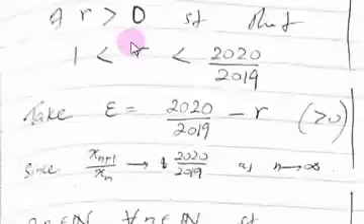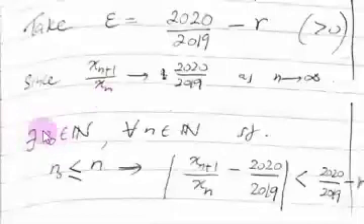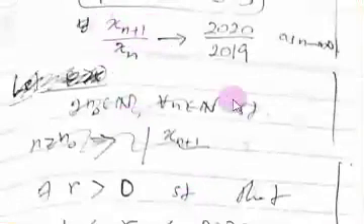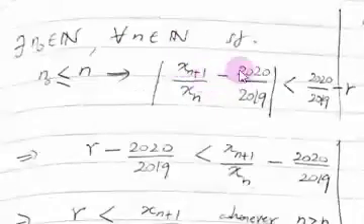That means there exists a natural number n naught such that for all natural numbers which are bigger than n naught, this statement is true. The difference between that sequence ratio and this number is smaller than epsilon.